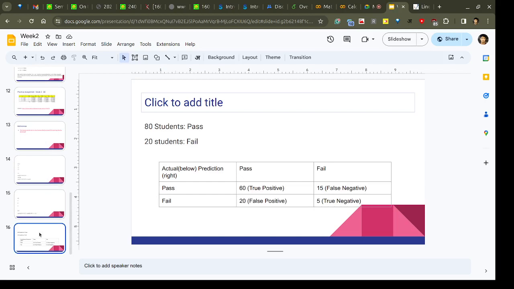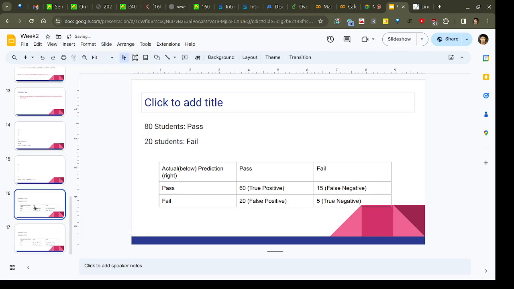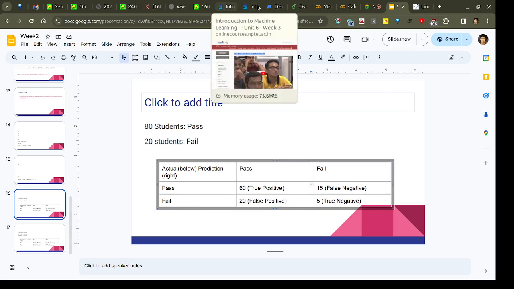Okay, so you have to build a kind of matrix. Here, if we consider that this one is the actual and this one is the prediction, this will be a confusion matrix. So let's go to the question.